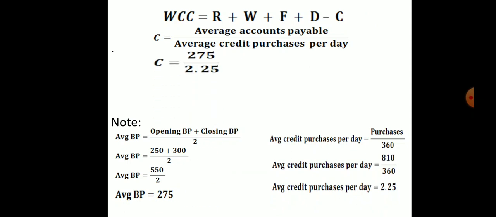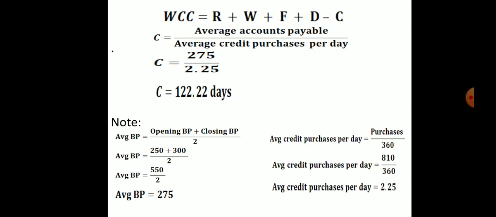Next, the value of C is average accounts payable 275 divided by average credit purchases per day 2.25. So your creditors period is 122.22 days.